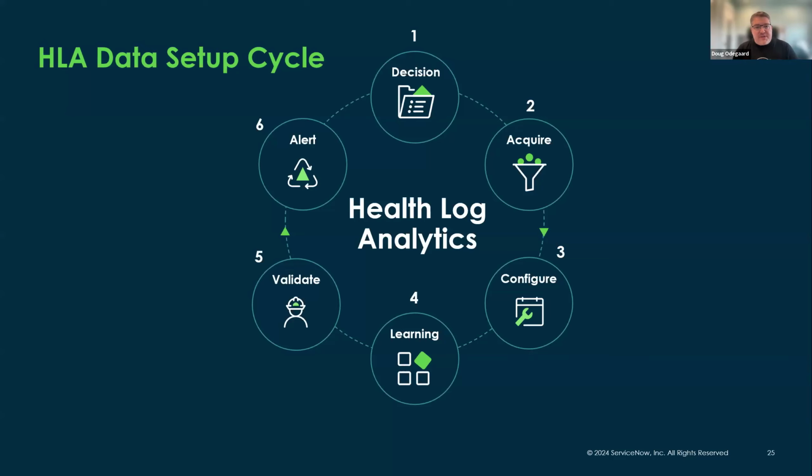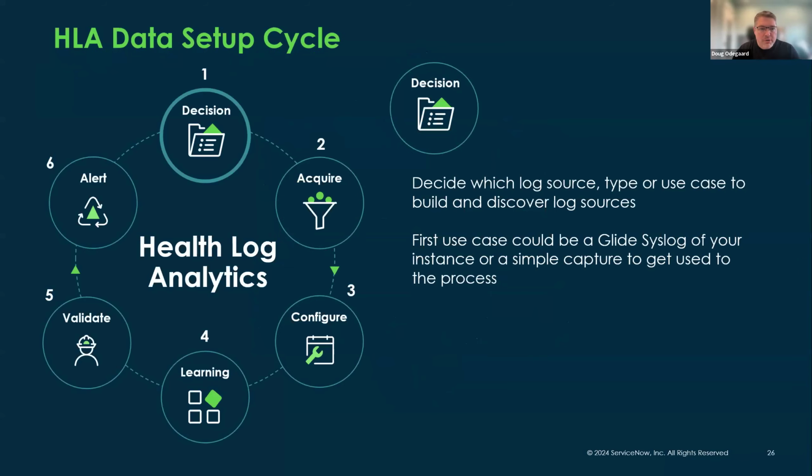And so what I've done is I've created a kind of six-step cycle. And it's really an iterative cycle. One could almost think it's like an agile circle where as you mature with the HLA product, you'll make a decision to monitor something, and then you'll go through a series of steps in order to move forward.